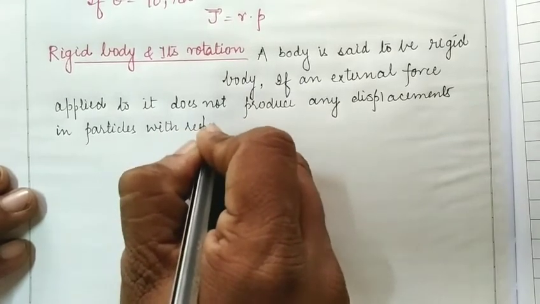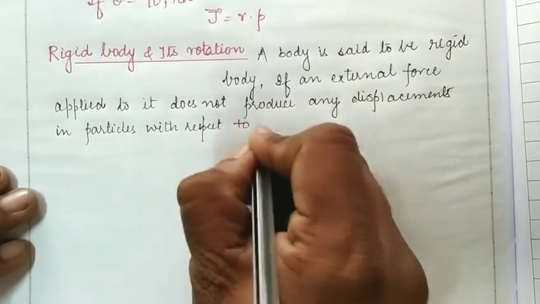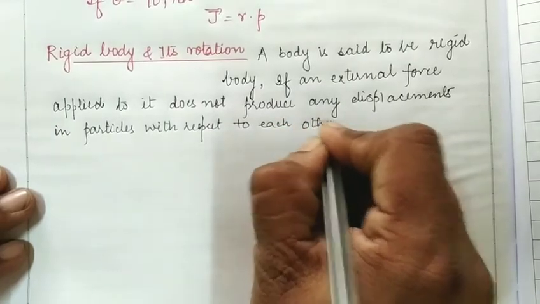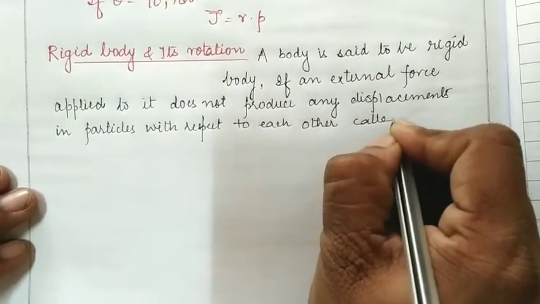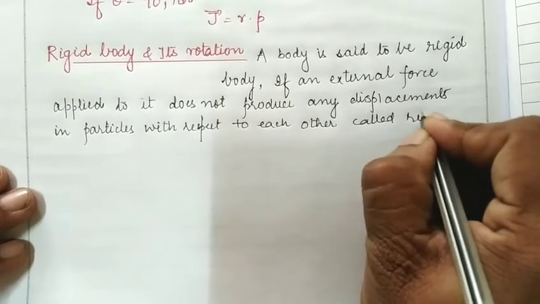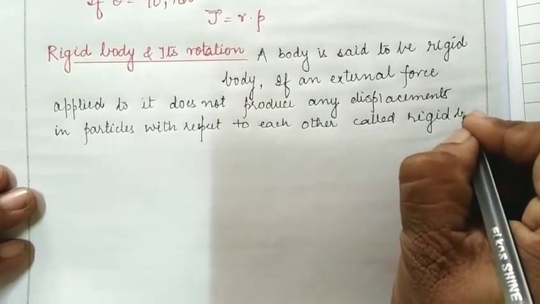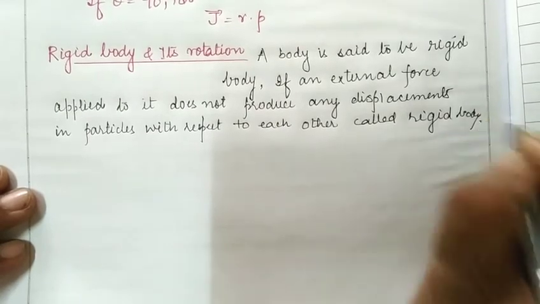Okay students, so this type of body is said to be the rigid body.